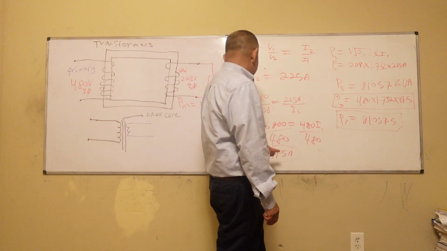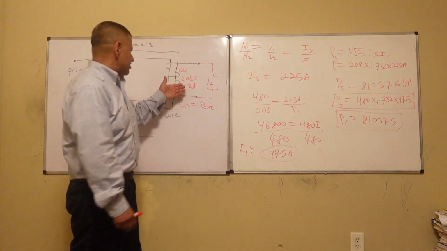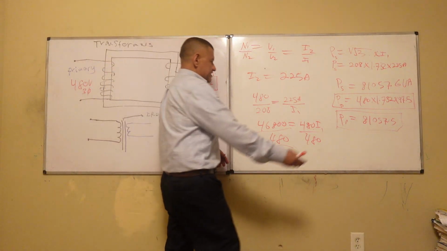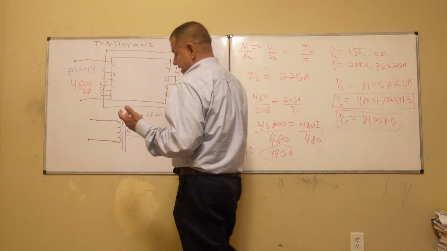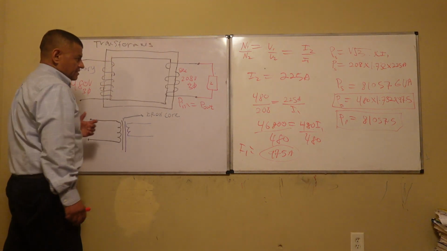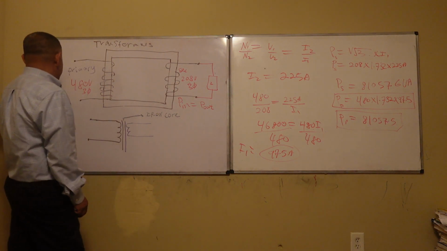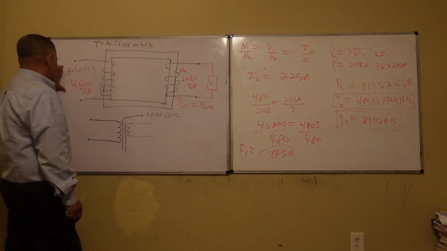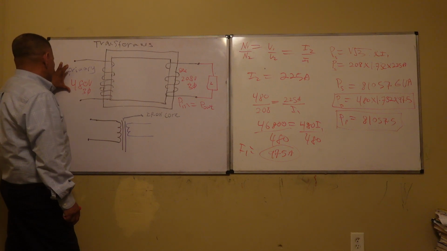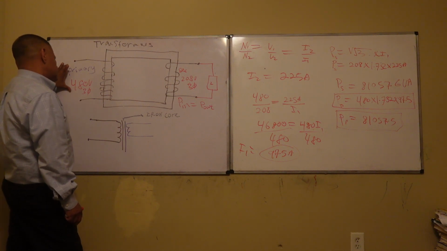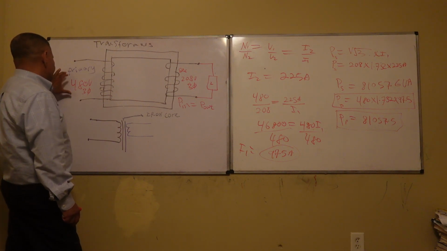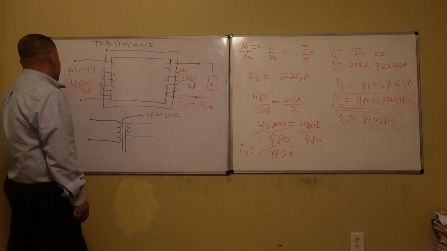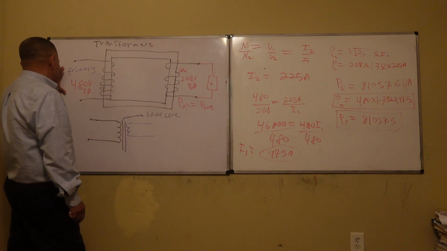So let's say that he gives you the current of the secondary and the power of the secondary, and you need to find the voltage right here. You can find it, and also you can find the rest, because you know the power coming in is going to be equal to the power coming out.